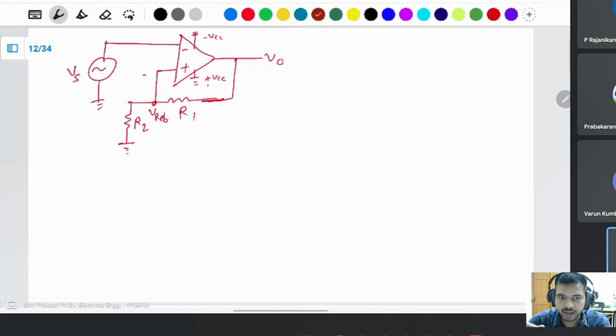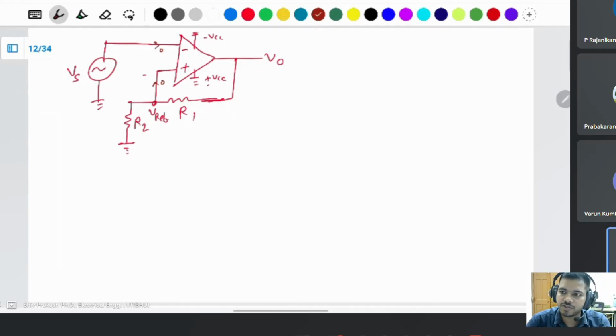You know the op-amp input impedance is very high. If it is not mentioned in the question, simply take infinite input impedance for an operational amplifier. Then zero current flows through it.